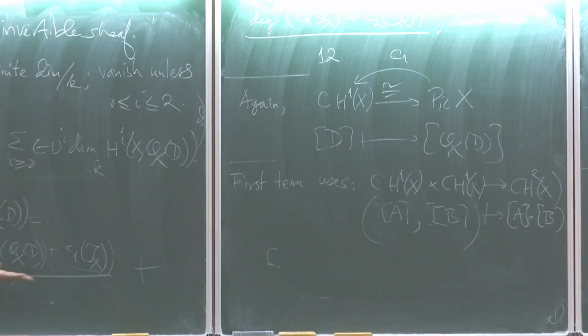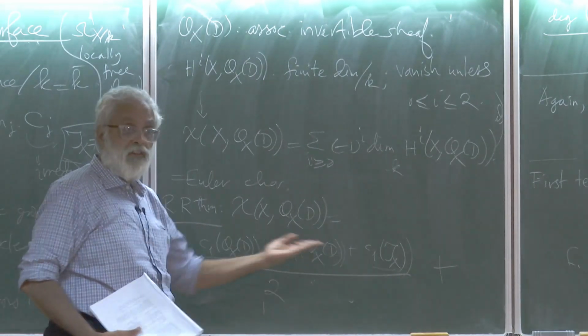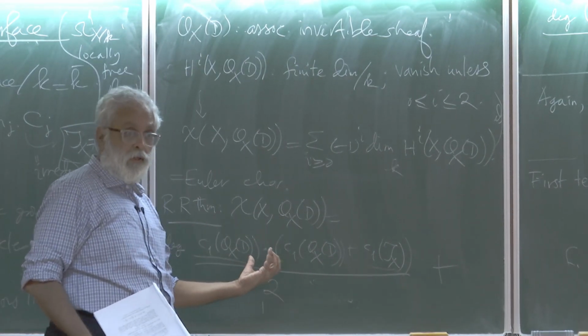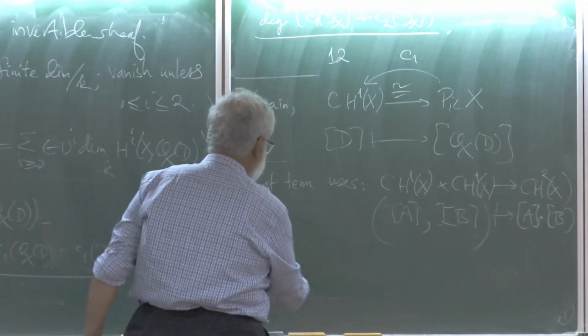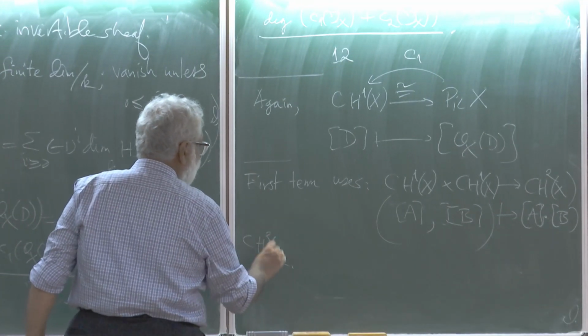So here I'm starting to do intersection theory. I have two divisor classes and I'm intersecting them. So that gives me an element in Chow^2(X), X a surface.